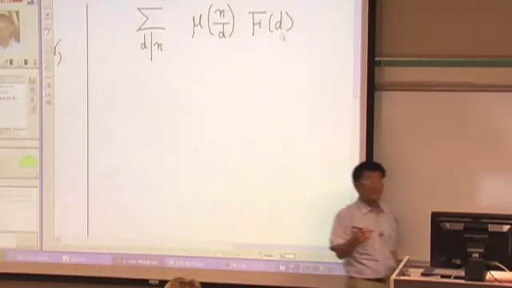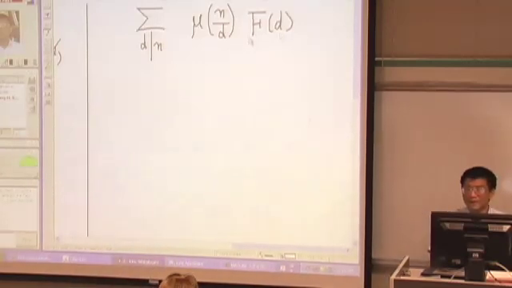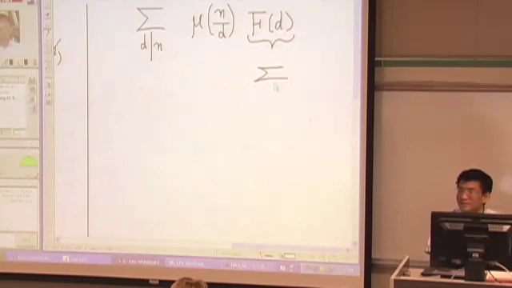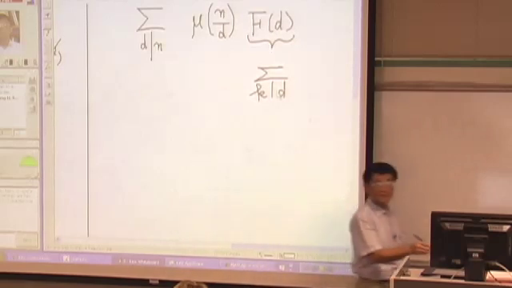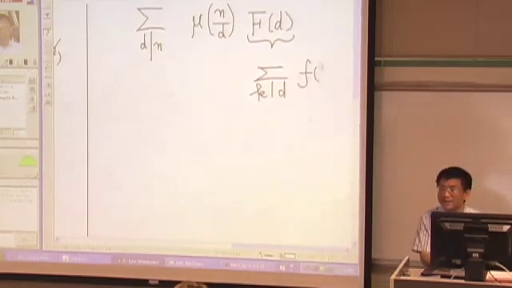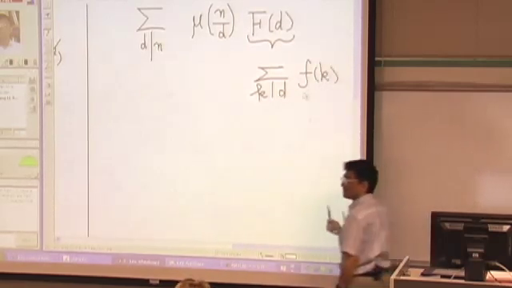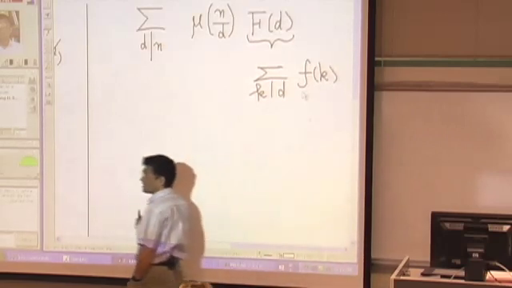So to do it, I will write the definition of F. The definition of F is a sum over something dividing d, and because d is used, I will use k. K divides d, and then f of k. Do you get it or not? By definition, F is the sum of lowercase f.